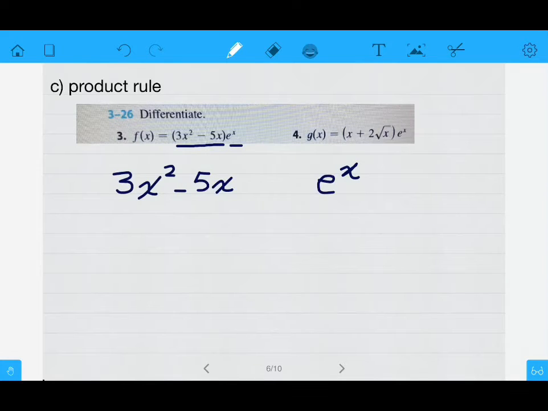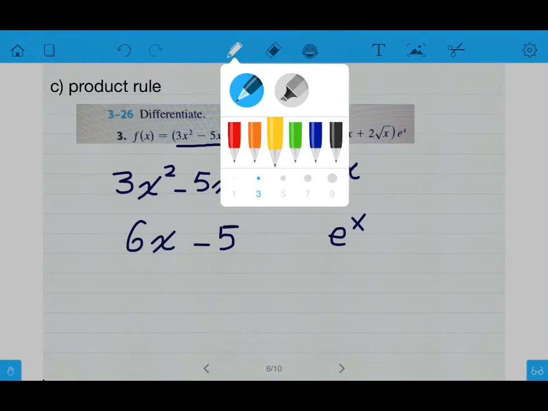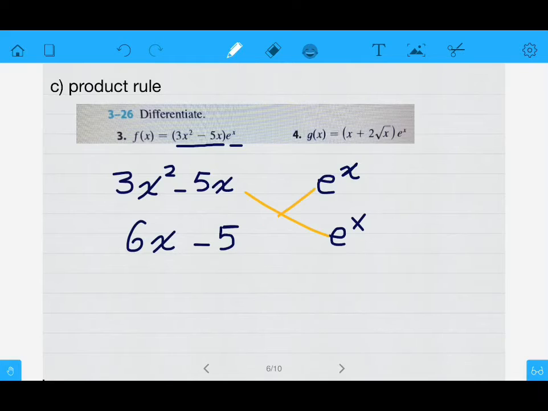I will derive each part alone. Here what you have, 6x minus 5. This is a polynomial. This is exponential, what you have, e^x. Then I do the cross multiplication.